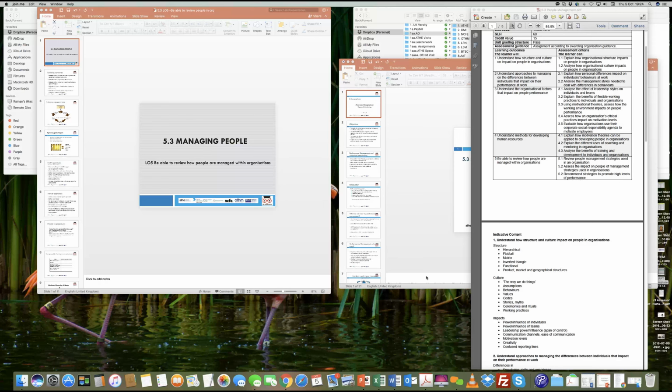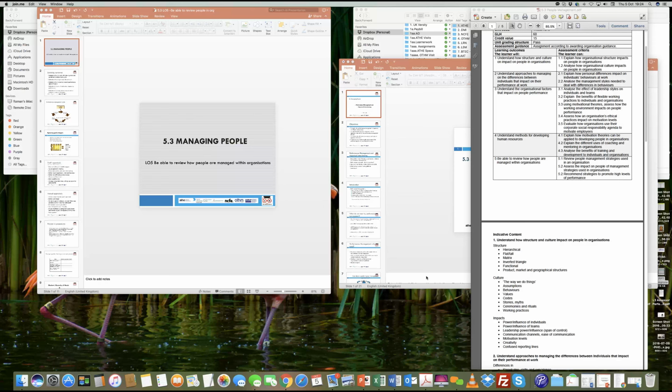So literally speaking, what we've done so far in the unit is go through, in a structured manner, the various structures: functional, matrix, hierarchical, departmental, formal structures. Then we've looked at how these structures affect and help you shape the culture of an organization. Sometimes you will see different leadership and management styles. If you have a democratic management style, you will normally see a structure within the organization which will be either functional or flat, rather than hierarchical.